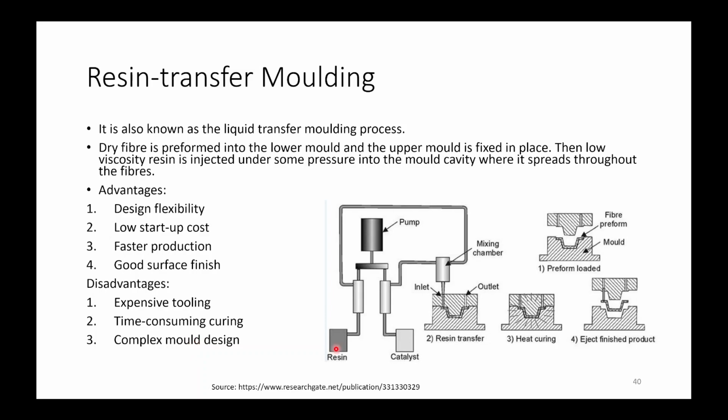Now in this process we can see that firstly we'll be using a fiber preform. This fiber preform is set into the lower mold, then we'll be closing it. Inlet and outlet are there, and using this pump we'll be mixing this resin and catalyst and inserting it inside this fiber preform.